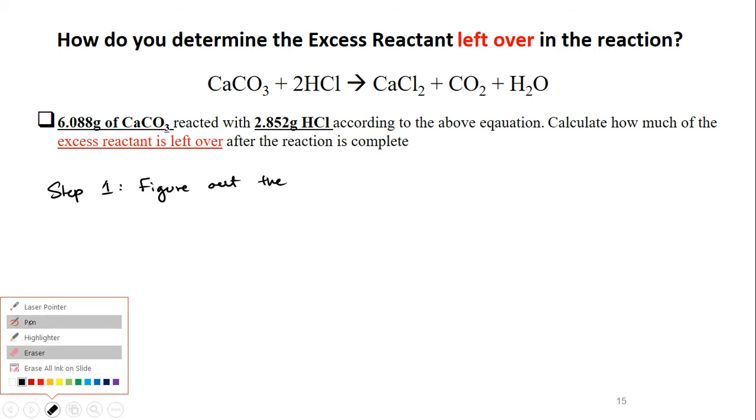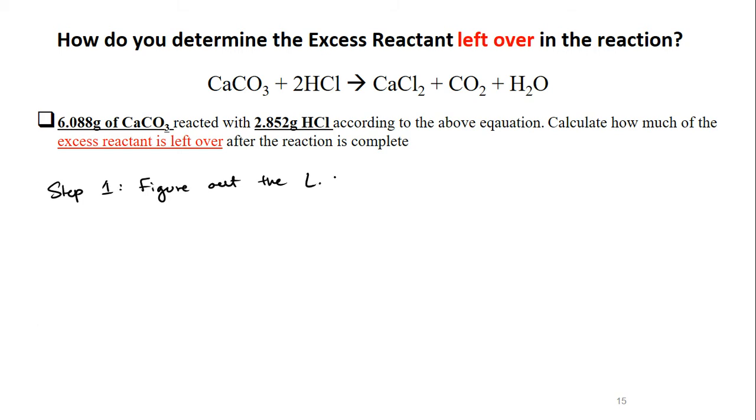So it could be calcium carbonate that's limiting, or it could be hydrochloric acid that's limiting. So we don't know until we actually do the problem, okay? So like any other limiting reactant problems, we have to do two mass-to-mass calculations, one with calcium carbonate and the second one with hydrochloric acid.